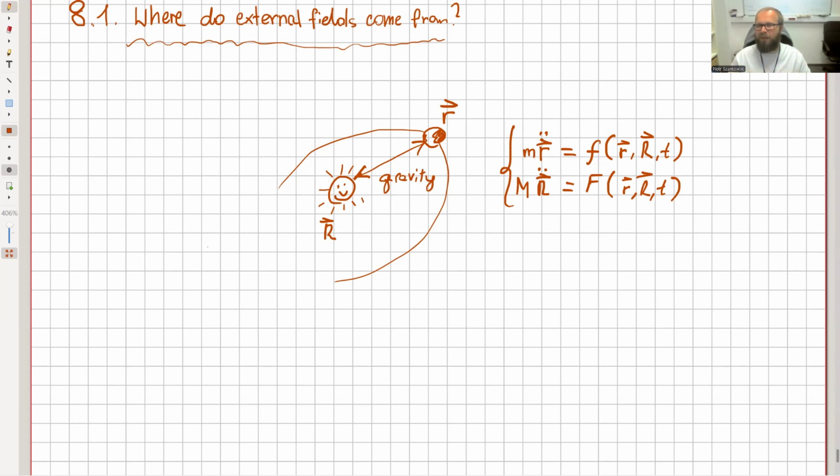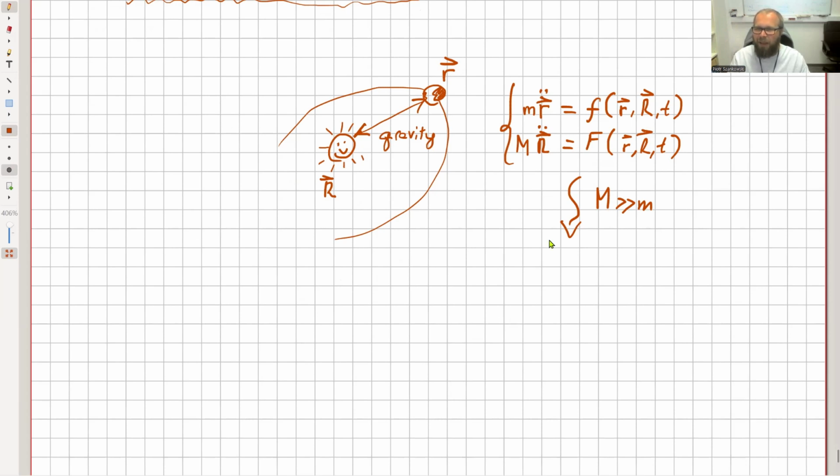And in the limit where the mass of the sun is much greater than the mass of the planet, like in a typical solar system, you can take those coupled dynamical equations and treat the planet as if it just moved in an external, given gravitational force field generated by the star.